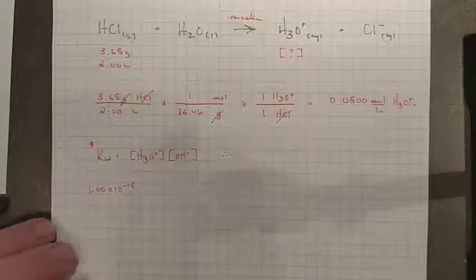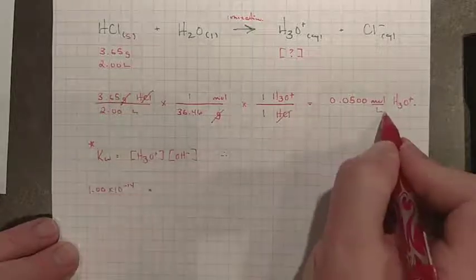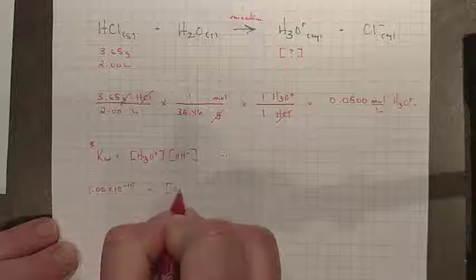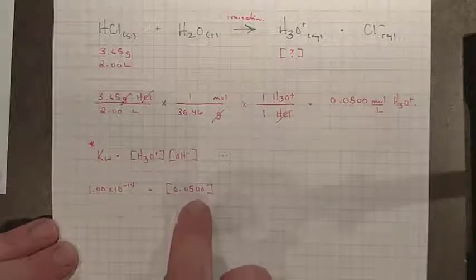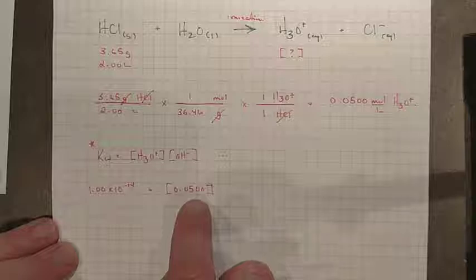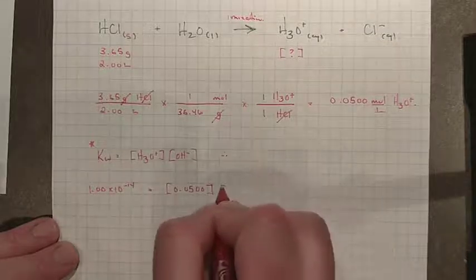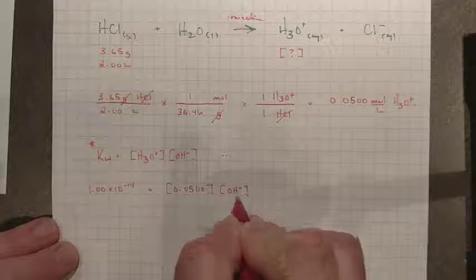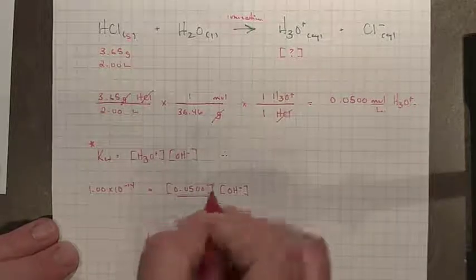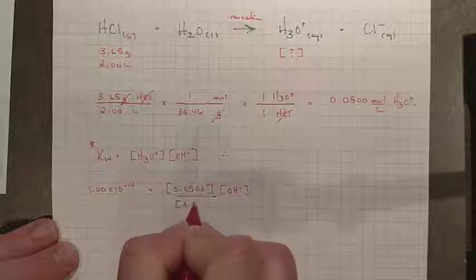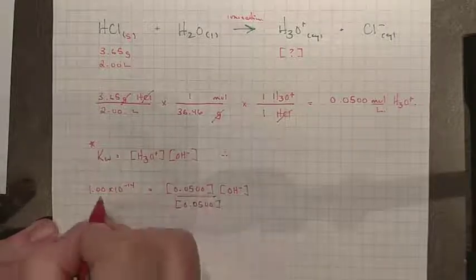When we look at it at SATP, you have hydronium as 0.0500 moles per liter. Now that's fairly significant with everything we've learned in acids and bases. And then we just have the unknown of hydroxide. Okay, no problem. Simple math. Divide by the concentration of hydronium.